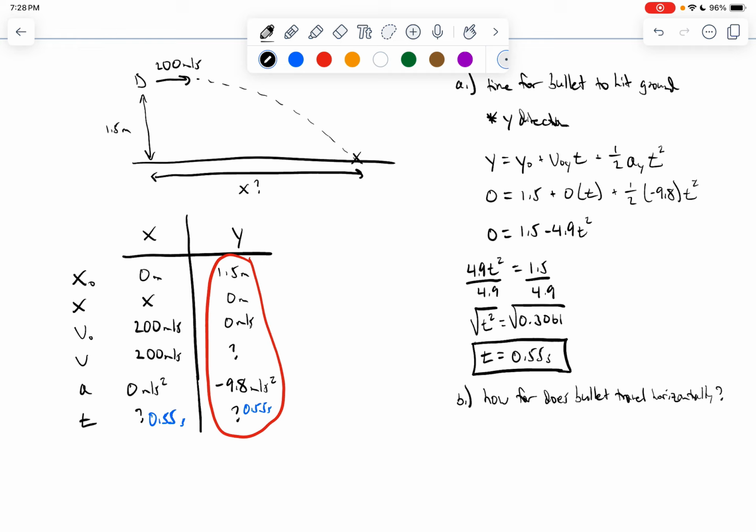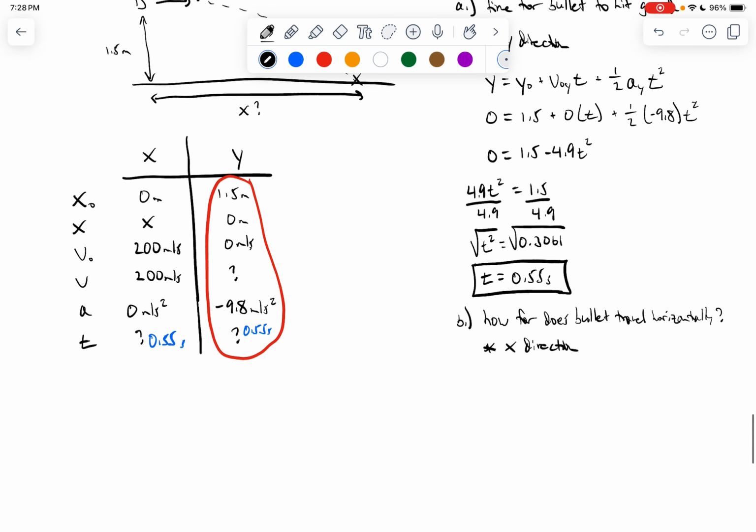We're going to be looking here in the x direction. We can use the same kinematic equation, except now we'll swap it out for x's instead of y's because we're looking at the horizontal motion.